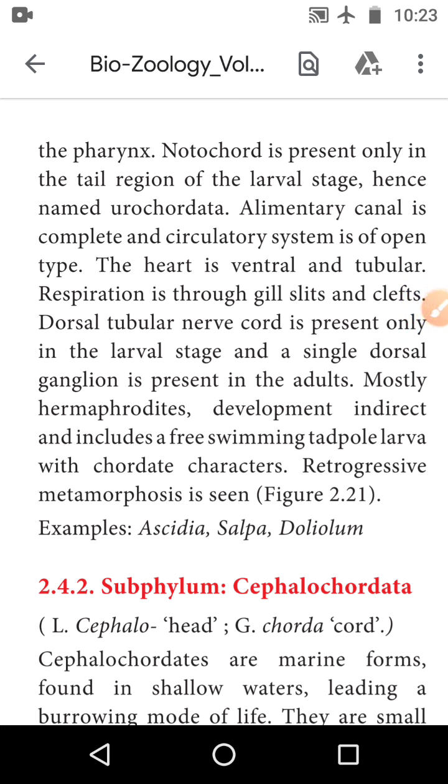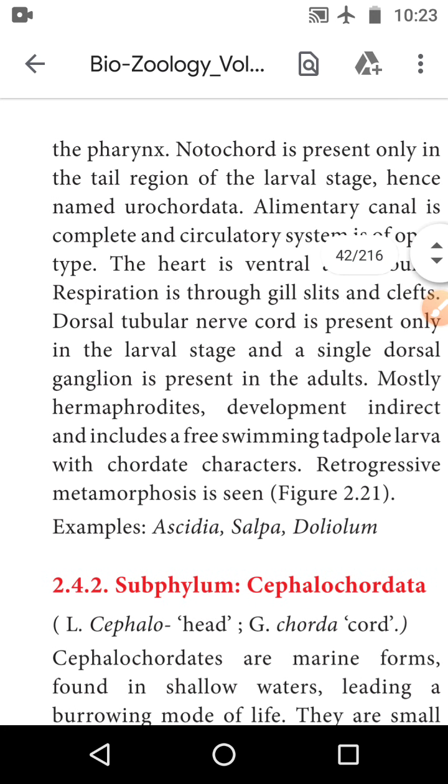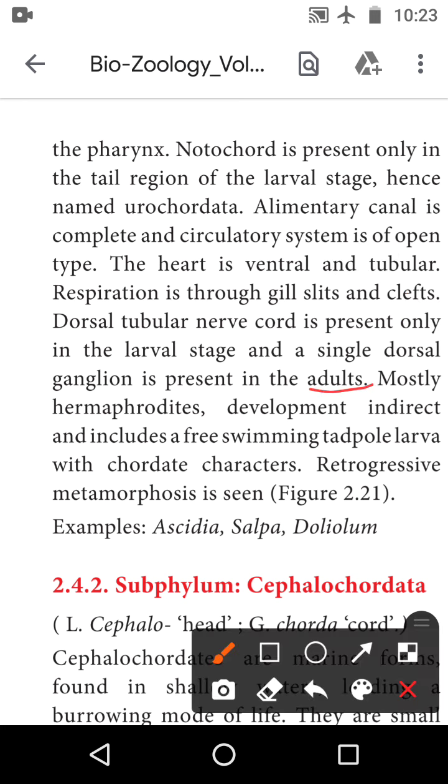The dorsal tubular nerve cord is present only in the larval stage and a single dorsal ganglion is present in the adult stage.